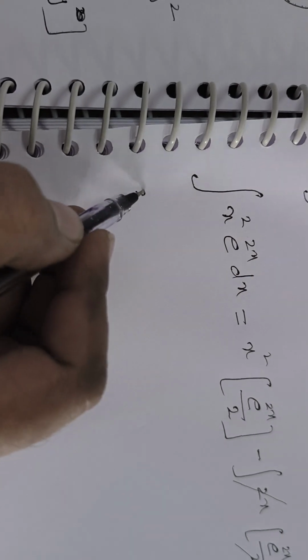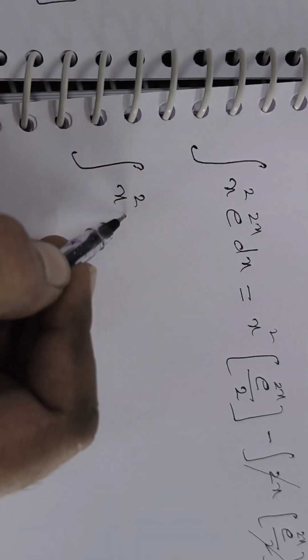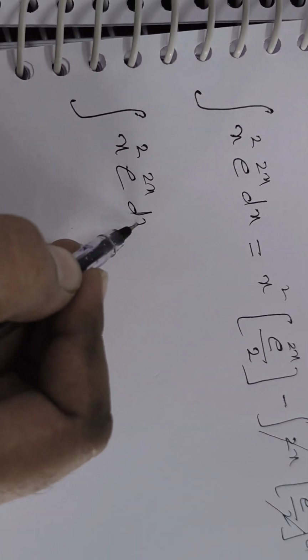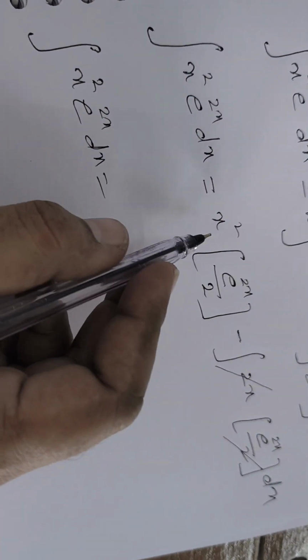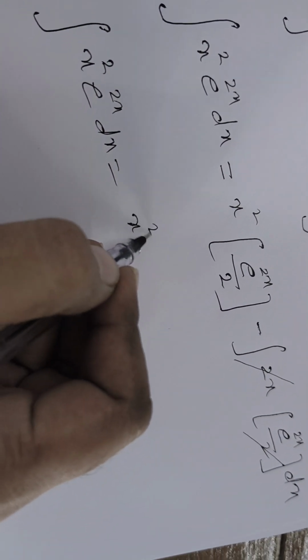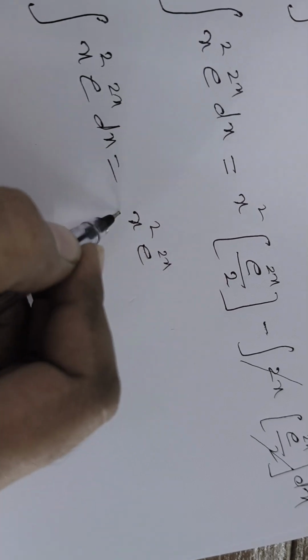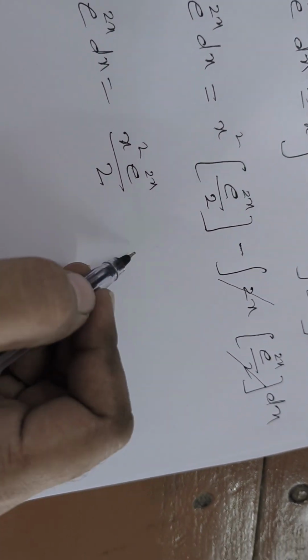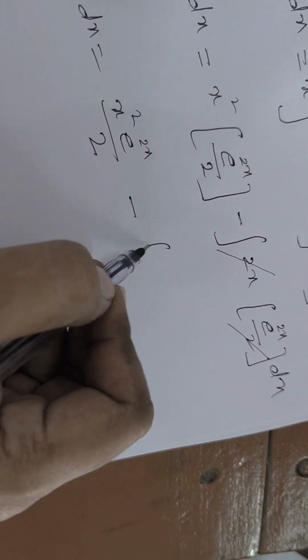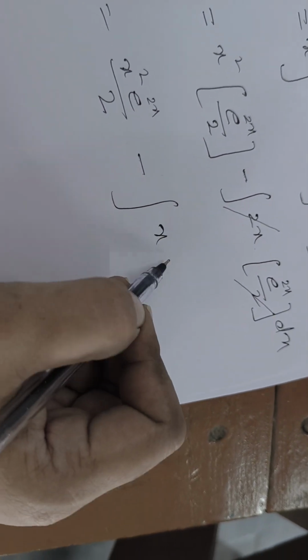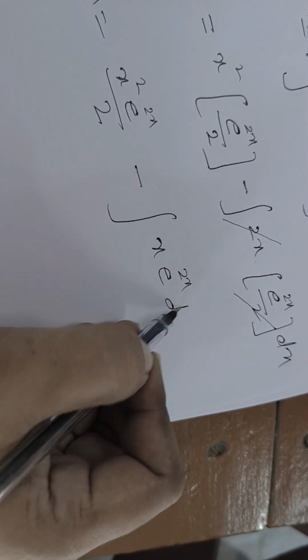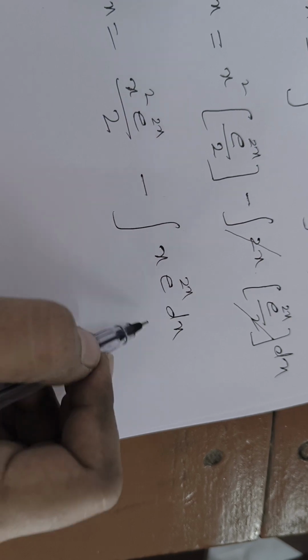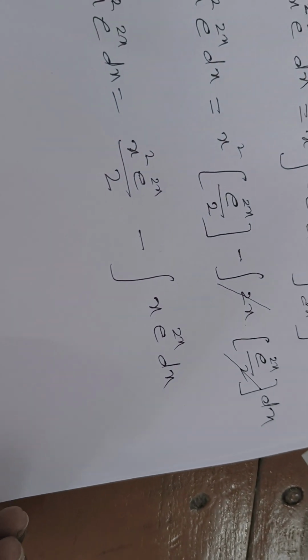So we get x square e to the power of 2x dx is equal to x square e to the power of 2x by 2, minus integral x into e to the power of 2x dx.